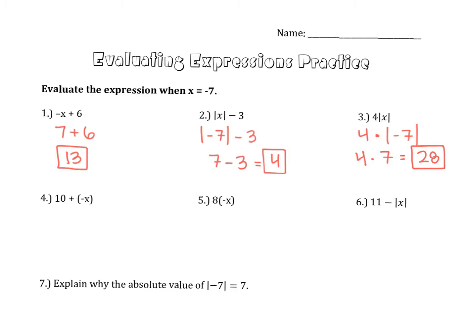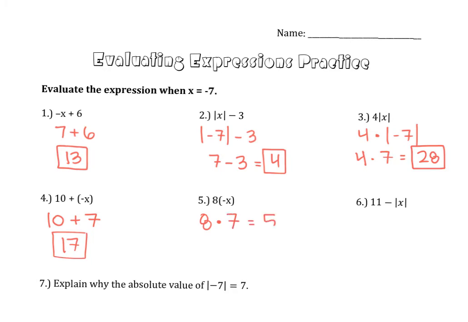On number 4, I have 10 plus the opposite of x. If x is -7, the opposite is +7, and so this would be +17. Number 5, we have 8 times the opposite of x. Again, if x is -7, the opposite is +7.